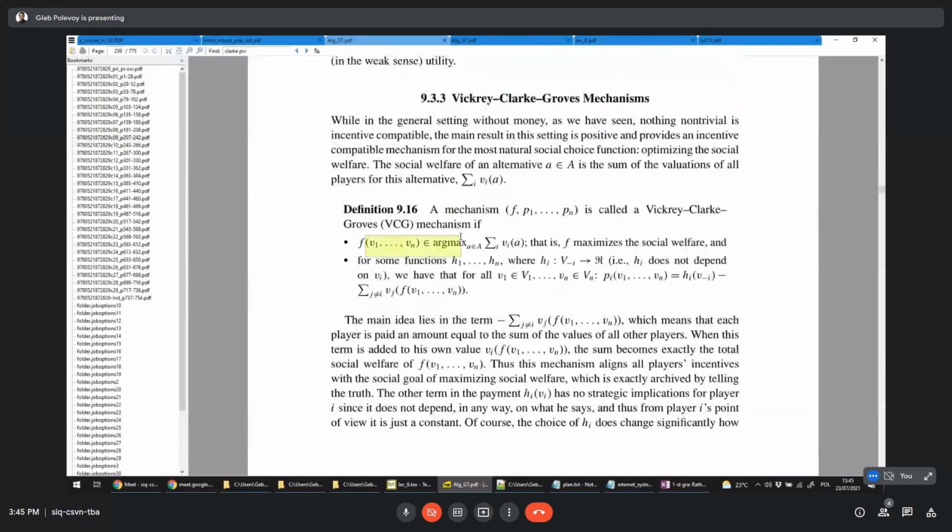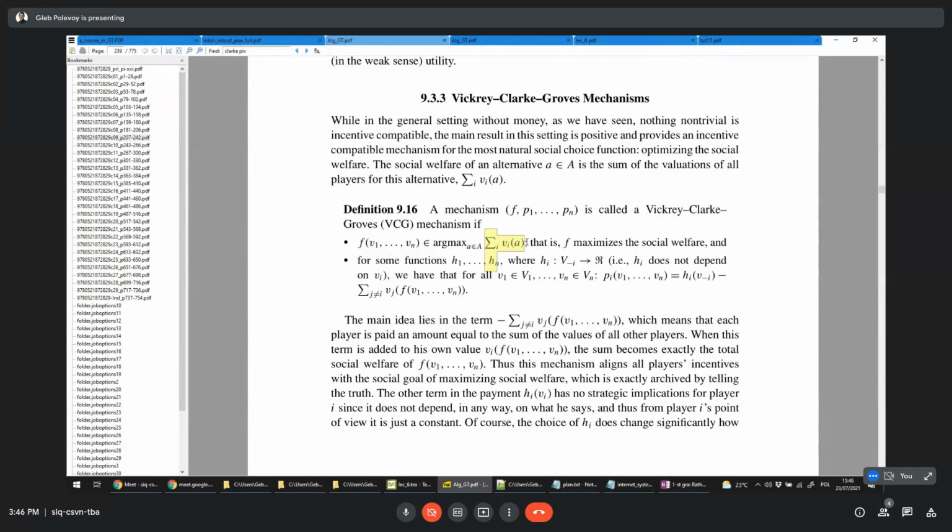The chosen alternative optimizes the total social welfare. In particular, if it's an option where one player gets something, then you just choose the player with the maximum value. But in general, when you have a more complicated structure of alternatives, you just choose an alternative which optimizes the total social welfare, of course according to the reported values.